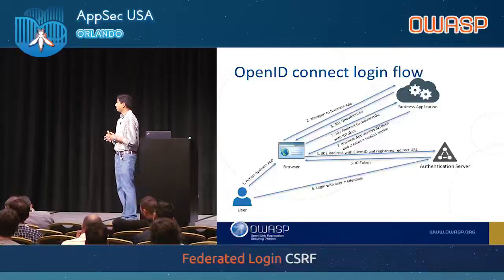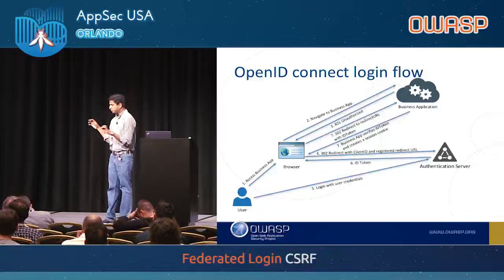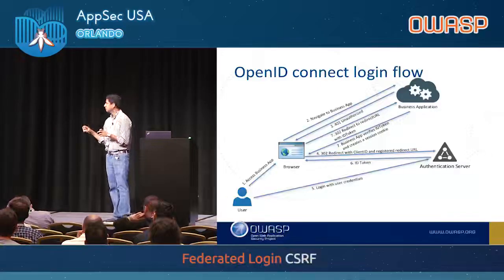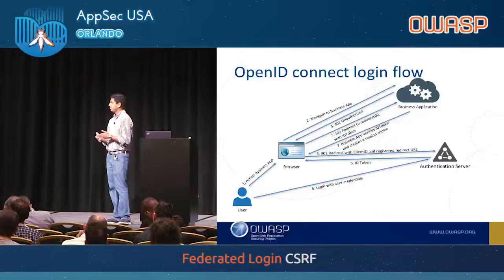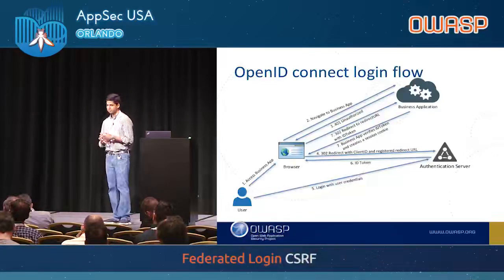So it redirects you to the authentication server, specifying its client ID and the registered redirect URL with the authentication server. What I mean by this is, for configuring federated authentication, the business application has to register itself with the authentication server previously and get its own client ID and a redirect URL.